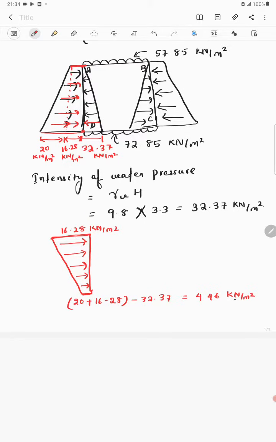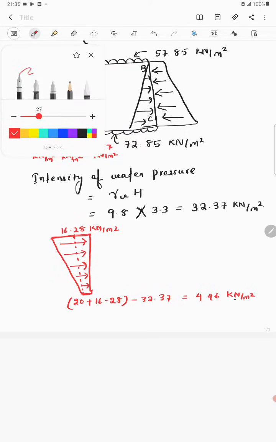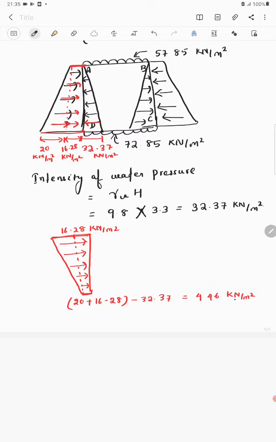Now if we divide this again, this part is 4.46 kilonewton per meter square.